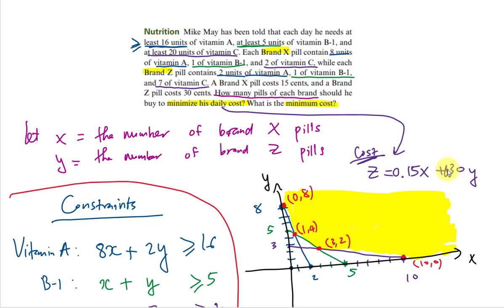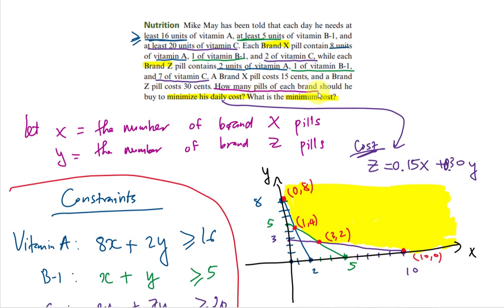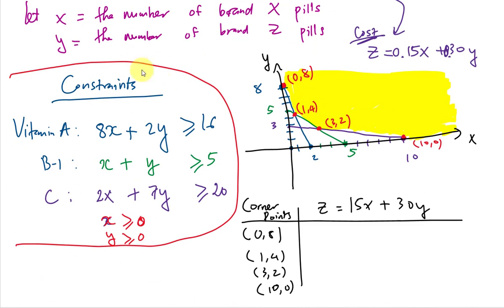So make sure you put the 0.30 because we are writing everything in terms of dollars. So this should be 0.15 and 0.30. All right. So 0 for x. So we have 0.15 times 0 plus 0.30 times y. y is 8. If I do the calculation correctly, I should get $2.40.